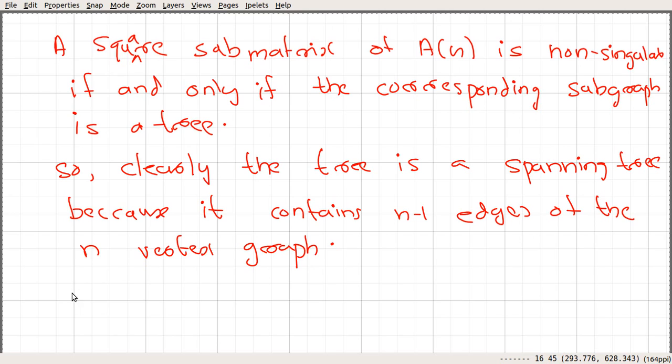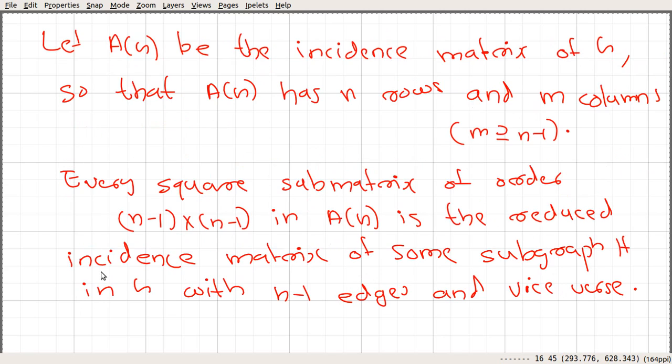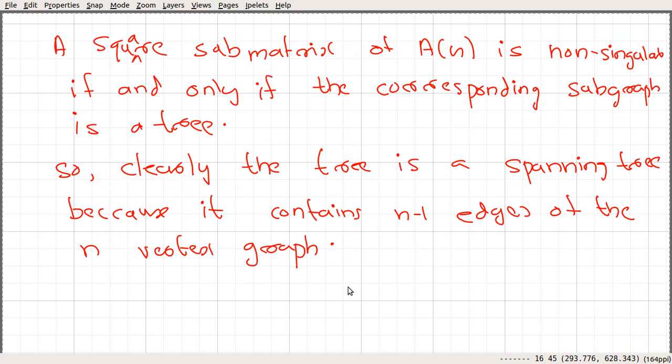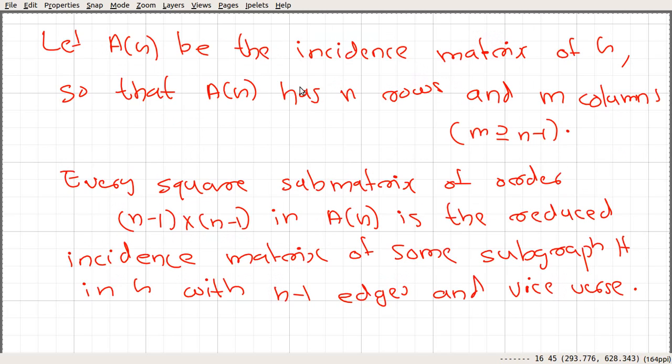So that says this n minus 1 by n minus 1 submatrix of AG is non-singular if and only if the n minus 1 edges corresponding to the n minus 1 columns of this matrix form a spanning tree. Clearly the tree is a spanning tree because it contains these n minus 1 edges, and we have a graph with n vertices.